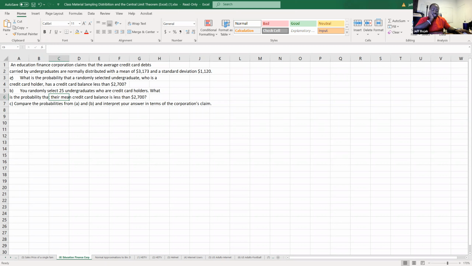If you look at the question, you will see that this first one is just a normal distribution question, and this one is CLT. That's the difference. This one covers general terms. This one, the result is going to be from a select number, which is 25. That's the key difference between the two of them.